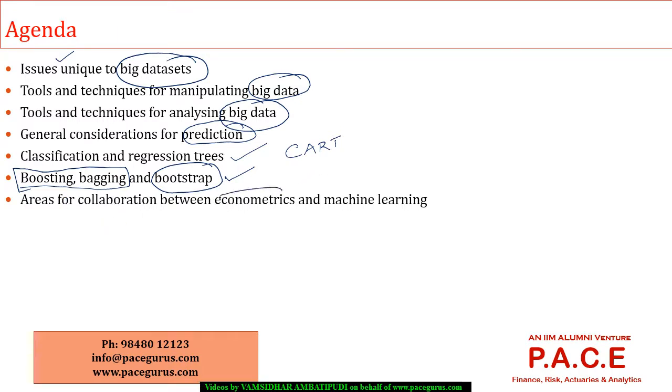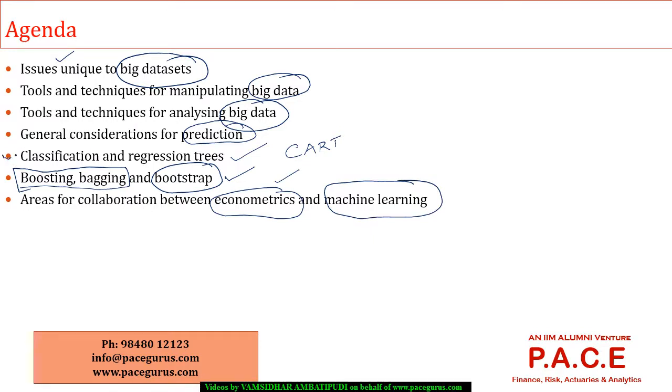Coming to the world of econometrics, where we talk about the quantitative aspects of economics, quantifying economic variables, what is the level of relationship existing between econometrics and the various machine learning methods that I am highlighting here?